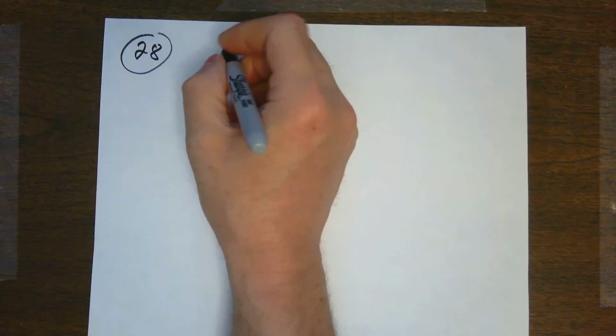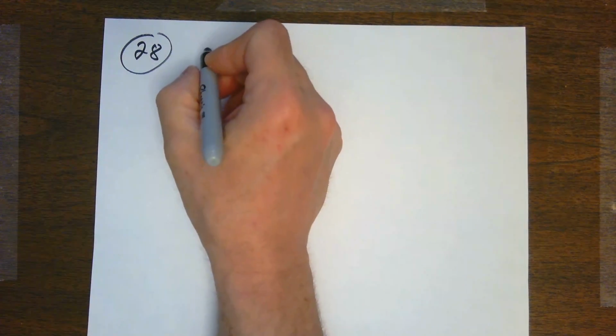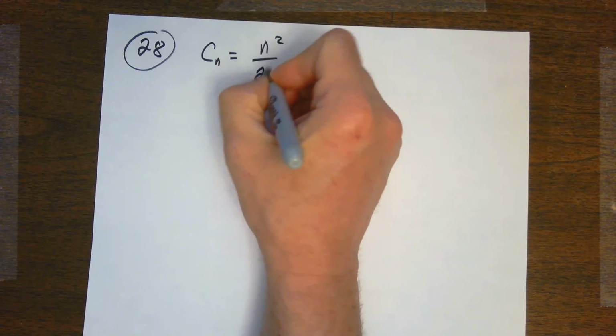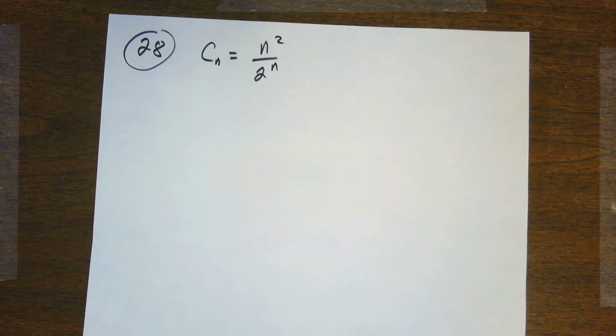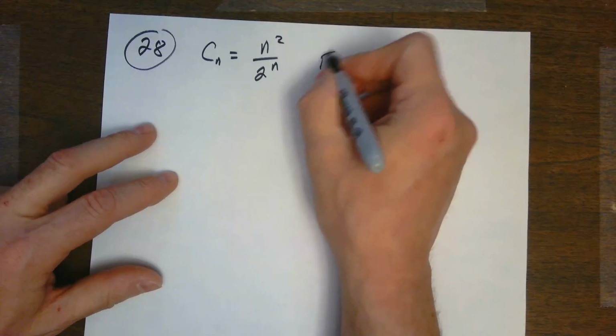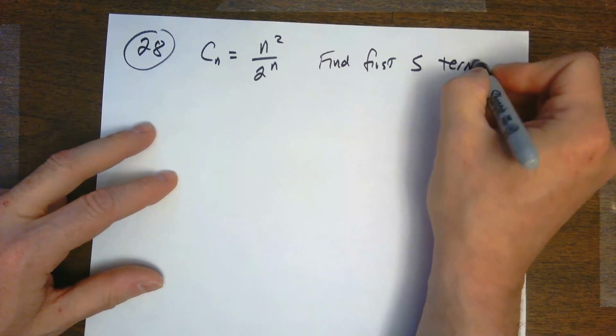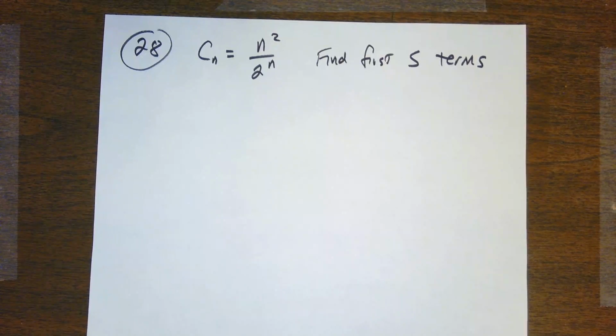In the exercise set, number 28 says that C of n is n squared over 2 to the n. And it wants me to generate the first 5 terms. So find the first 5 terms of the sequence created by that.